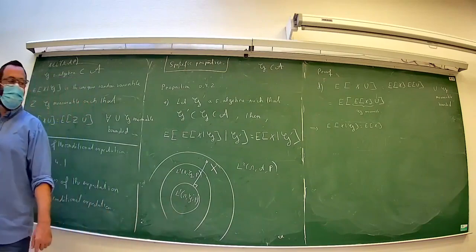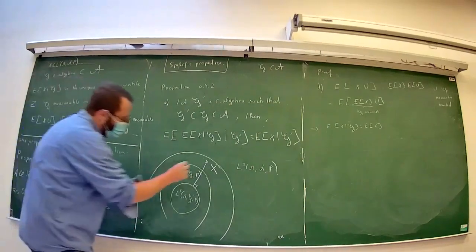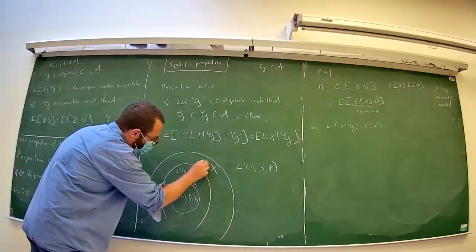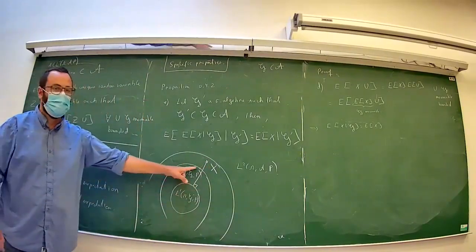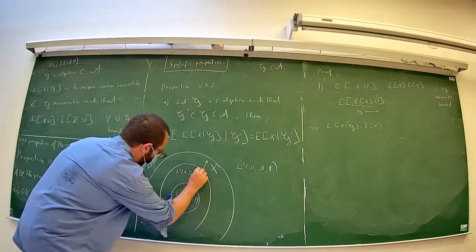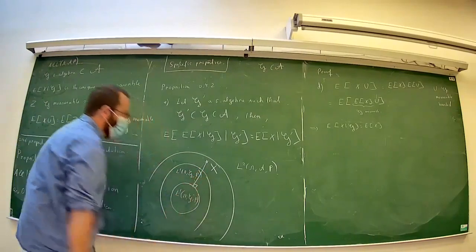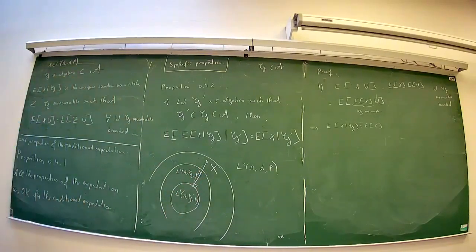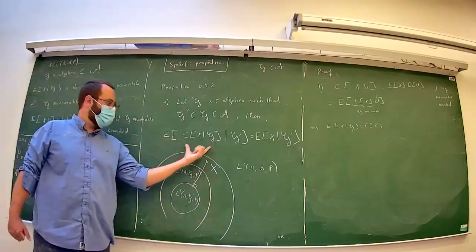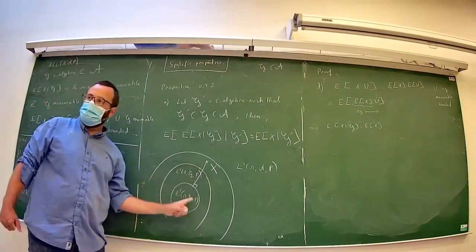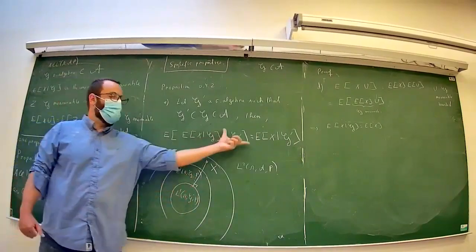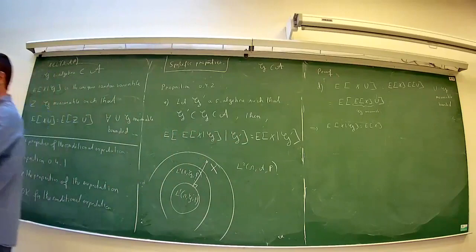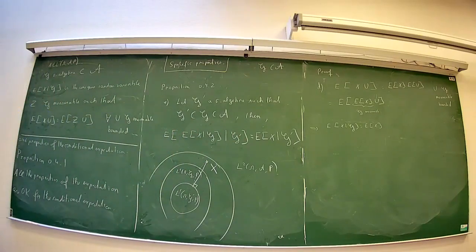And another way to obtain this is to do this. It will be bad, okay, but I can first do the projection on this set and then do the projection on the other one. It's exactly the meaning of this. First I do the projection on G, and then in the second step I do the projection on G prime. It's exactly the intuitive meaning of this one. Okay?